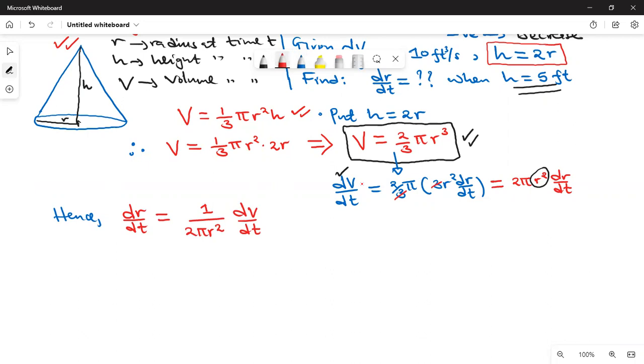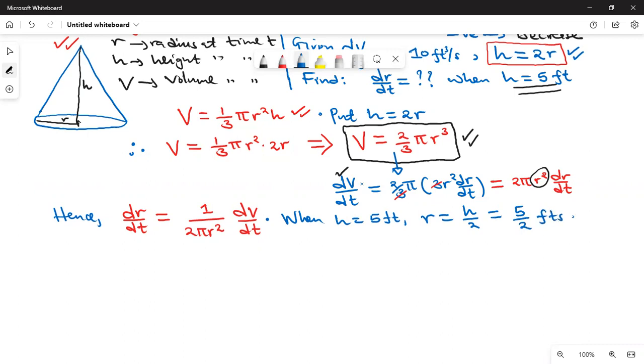Now, you need to ask yourself, when h is equal to 5 feet, r will be equal to h over 2. Look at the relation between h and r. So r is h over 2, which means this is 5 over 2 feet.